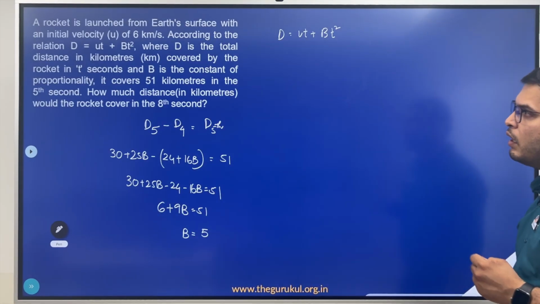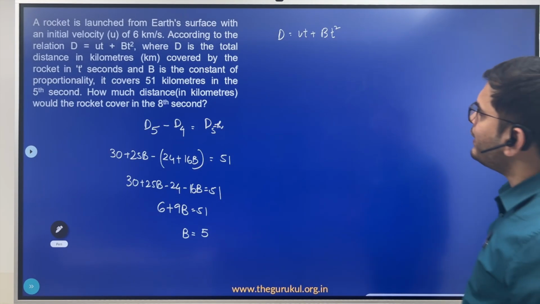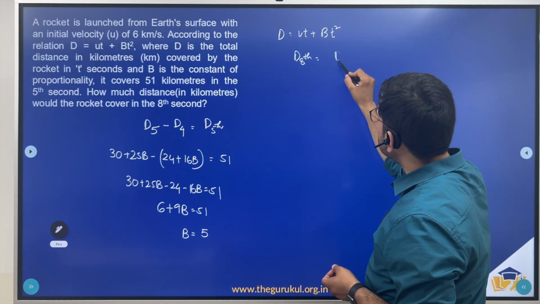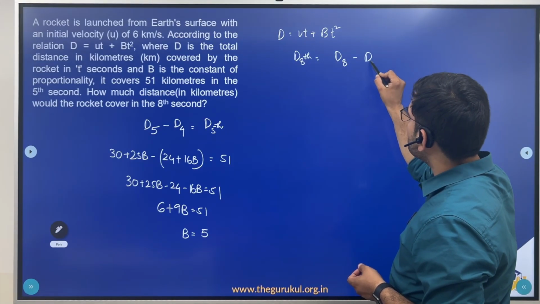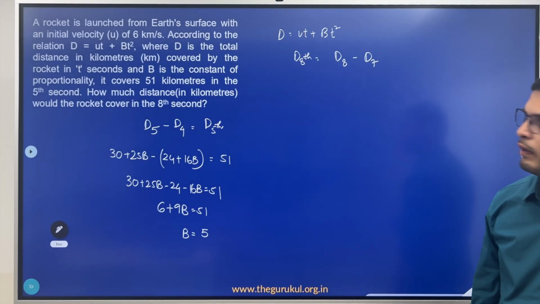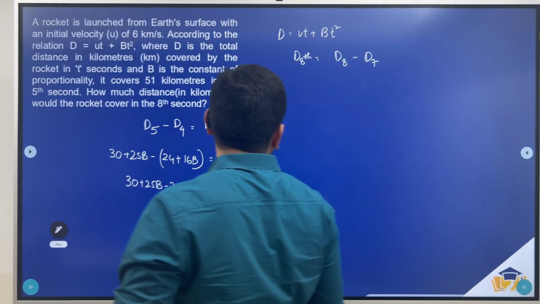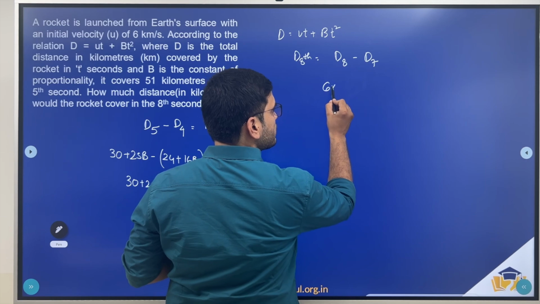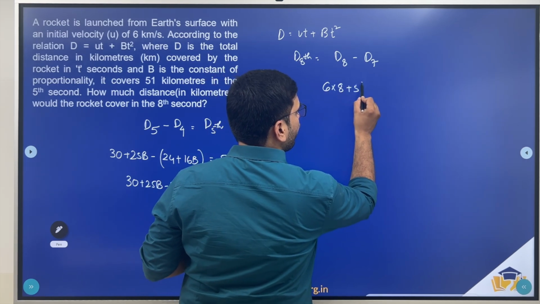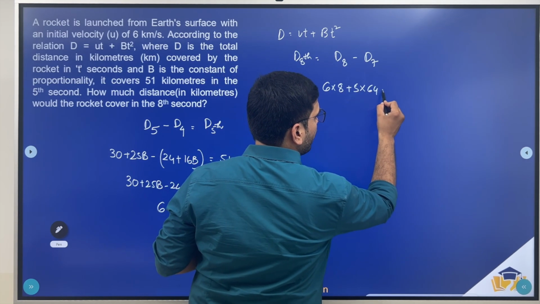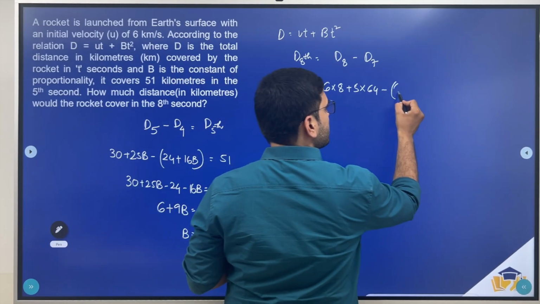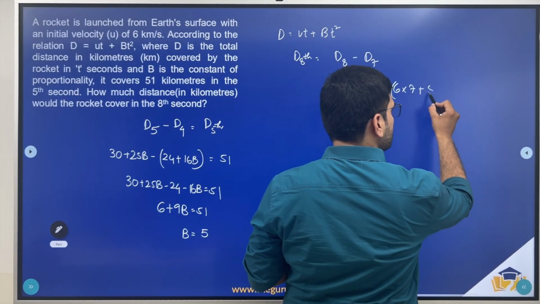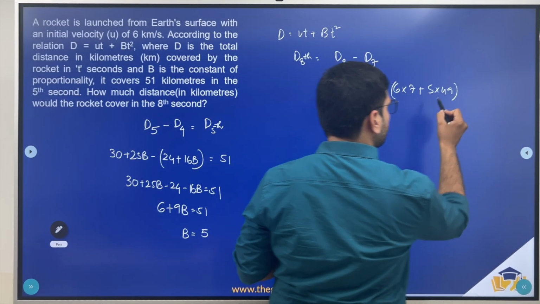Now what was asked? How much distance would the rocket cover in the 8th second? Now the distance covered in the 8th second is nothing but the distance covered in 8 seconds minus the distance covered in 7 seconds. So that would be, u is 6, 6 into 8 plus 5 into 8 square, 64, minus 6 into 7 plus 5 into 7 square, 5 into 49.